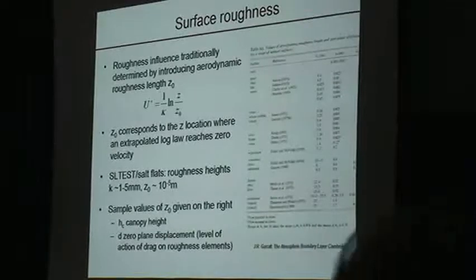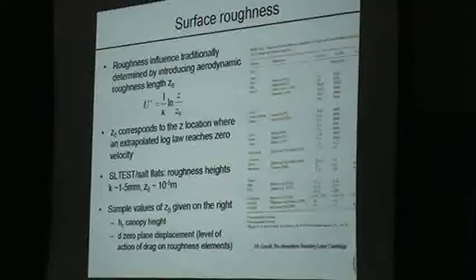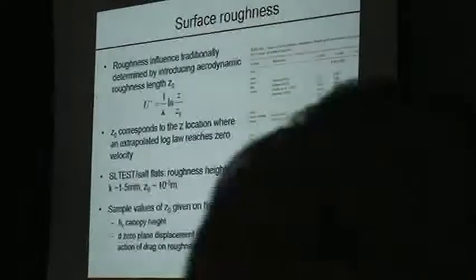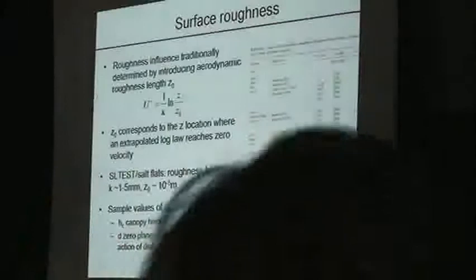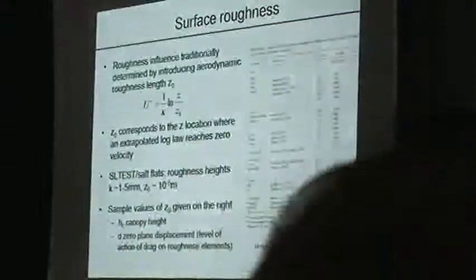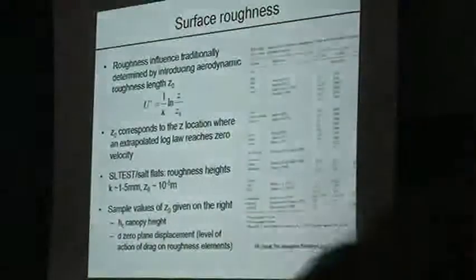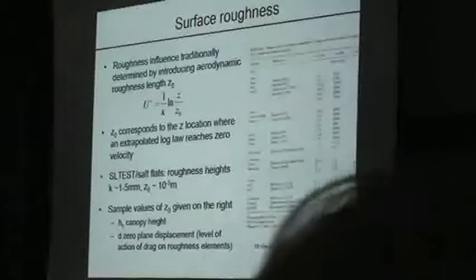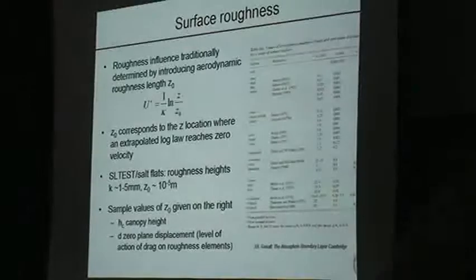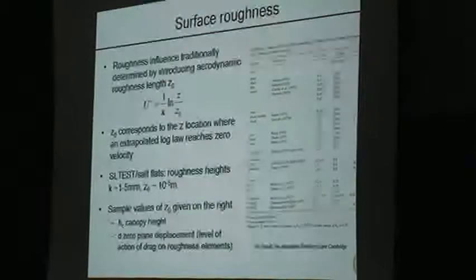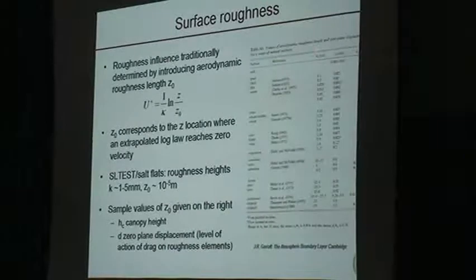The bottom wall boundary condition is something again you need to monitor really carefully. Here are some examples. This is a book, Garratt. It's also on your reference list. It gives you an example of this aerodynamic roughness length for different types of roughness. I'm not going to go into too much detail, but you'll see that they're classified by the canopy height.